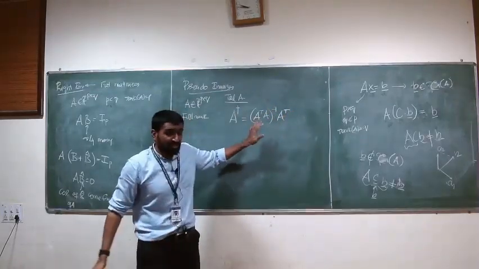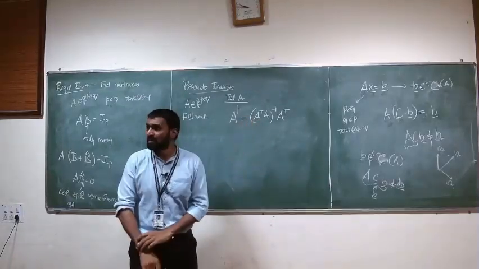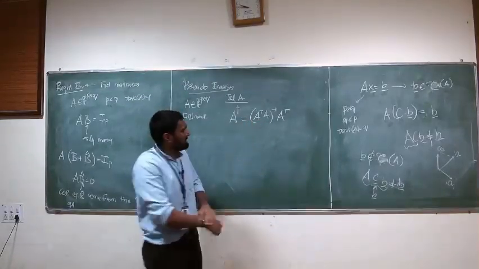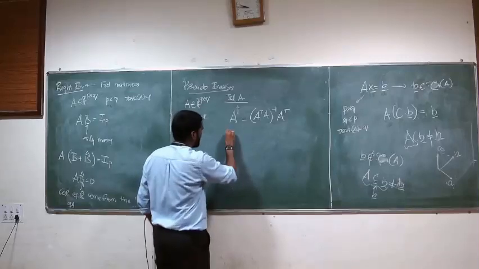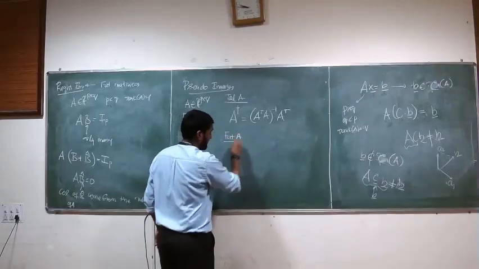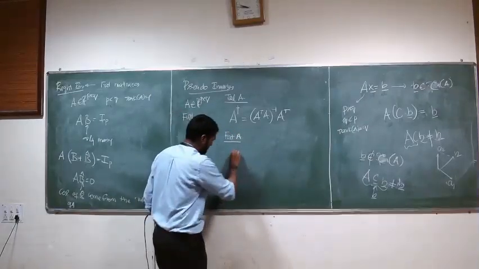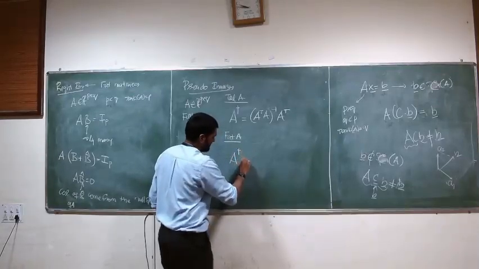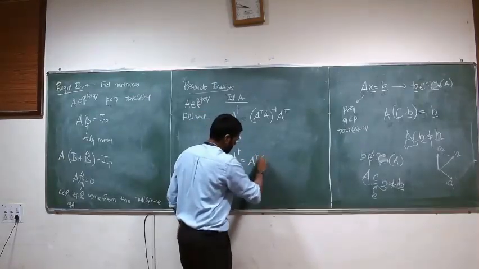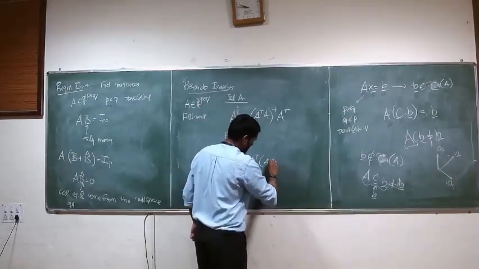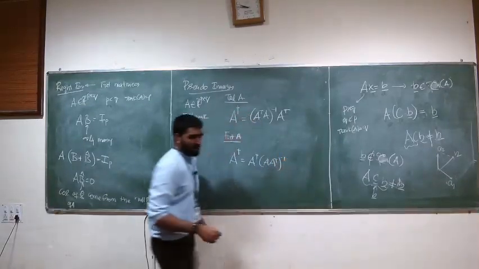This is simply one of the possible left inverses. Okay, but it turns out it's a special left inverse. If A is fat, then A dagger is simply A transpose (A A transpose) inverse.